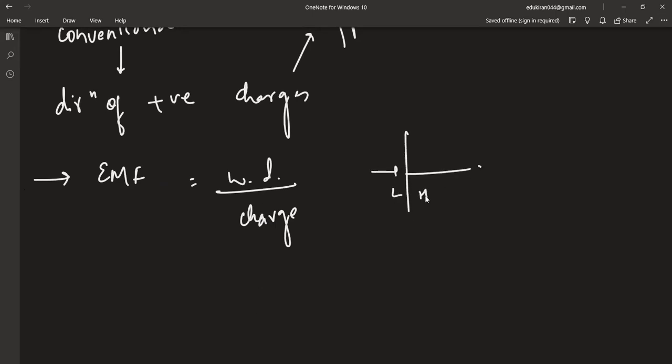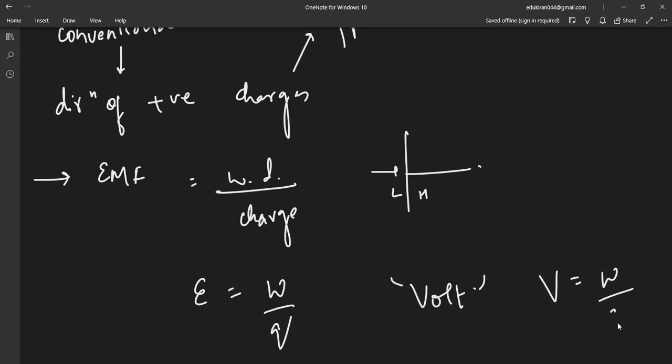This is the lower, this is the higher potential value, right? So it's the energy supplied by the source in taking unit charge. So this basically is work done by charge. That's why we have this quantity which is known as voltage. SI unit is volt. So voltage's formula is also W by Q.